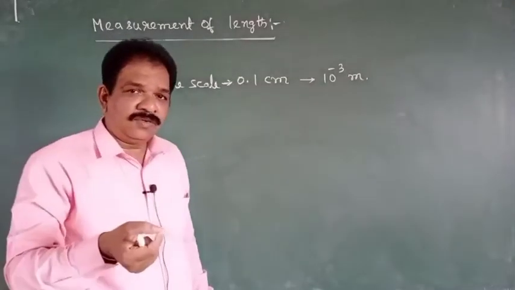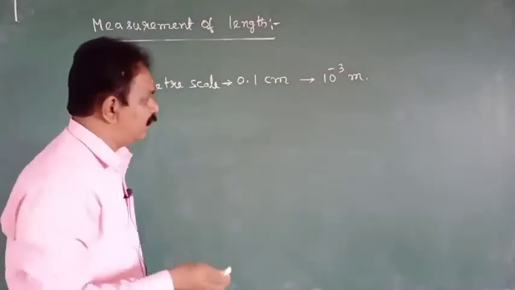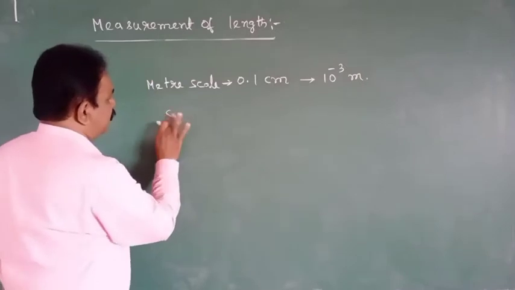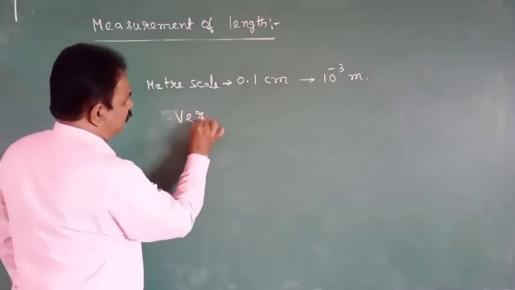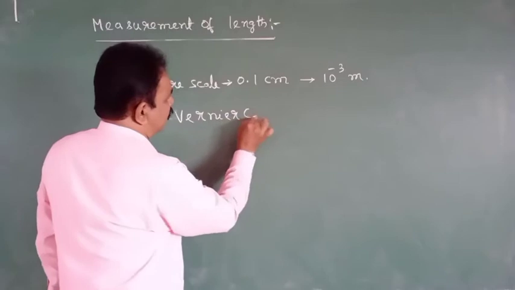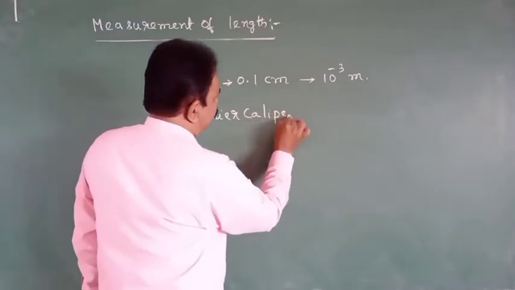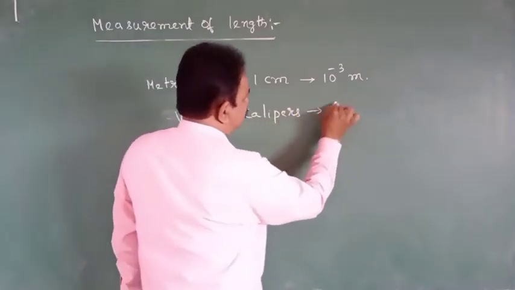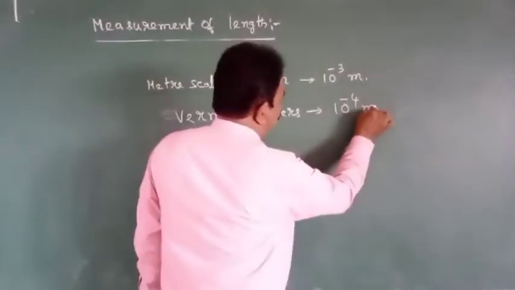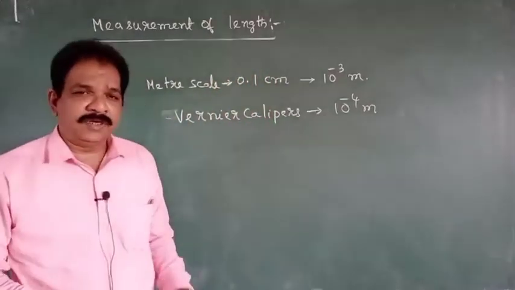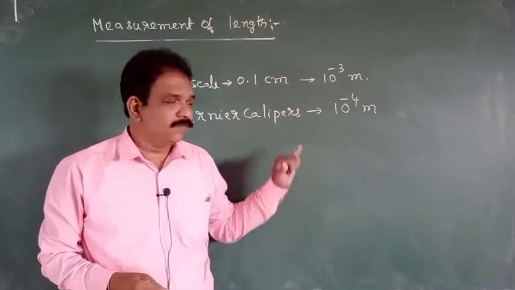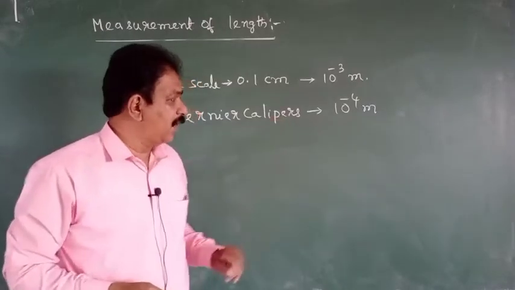If you want a little more accurate value, we will use a device, vernier calipers. By using vernier calipers, we can measure very accurately, 10 power minus 4 meters, 0.01 centimeter.